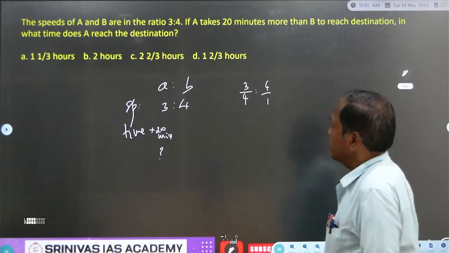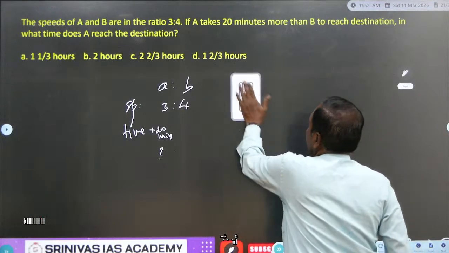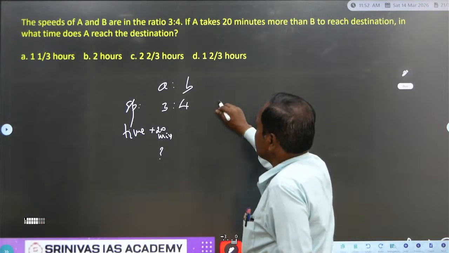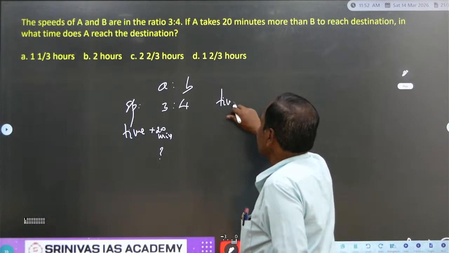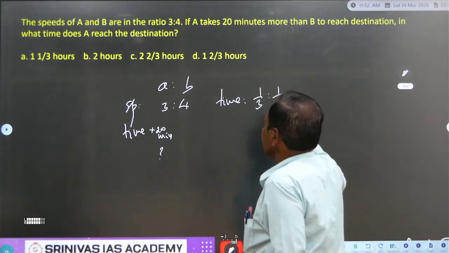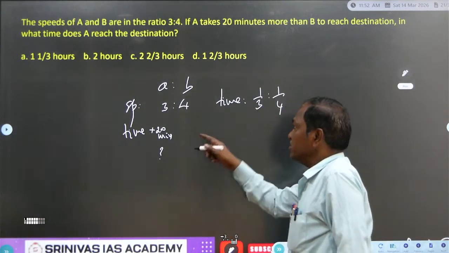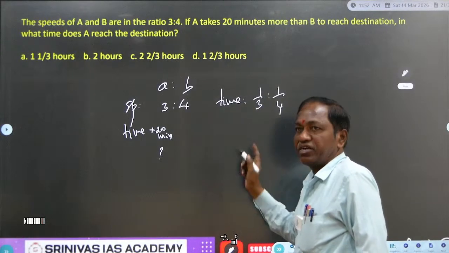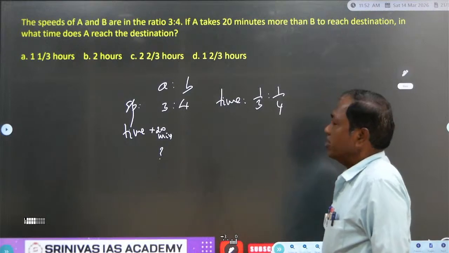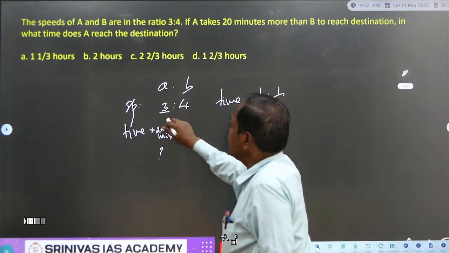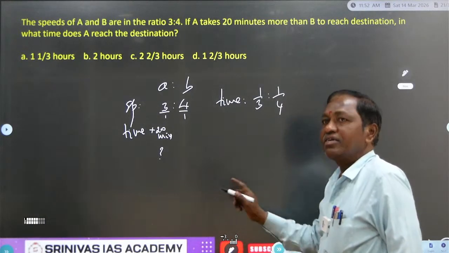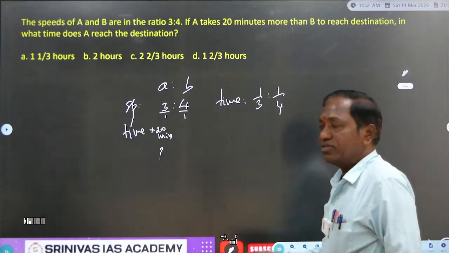This is the ratio of speeds, so the time ratio can be written as 1 by 3 is to 1 by 4. Reversing the ratio means bringing it to the denominator, because otherwise it sits in the numerator place.